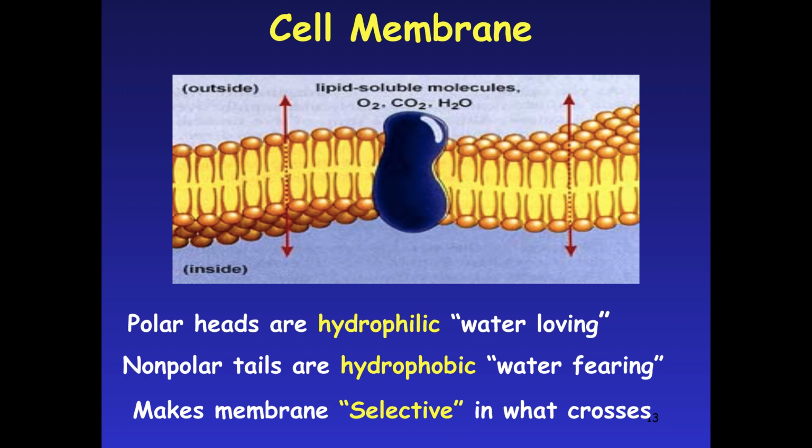But other chemicals can. Ones that are lipid soluble, right? Meaning if they can dissolve in a fat, they're going to be able to pass through very easily. Okay, so something like oxygen can pass through very easily, right? Which is what we need. We need oxygen to be able to carry out cell metabolism.